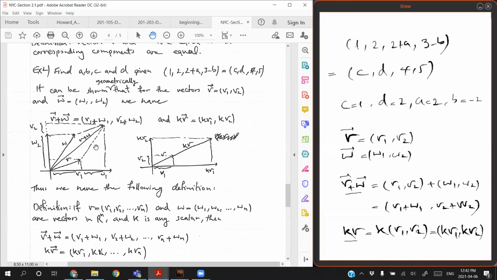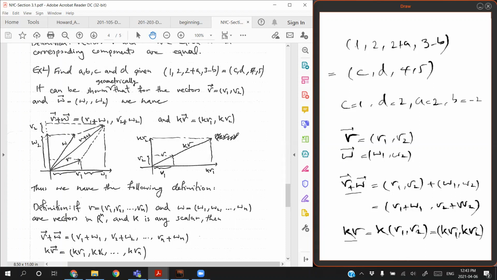And here you can see that. So let's say v is a vector with the components v1 and v2. So this length here, from here to here, is v2. And w is a vector with the components w1 and w2.